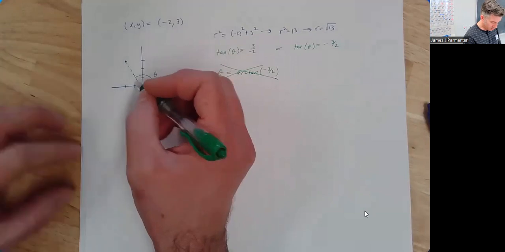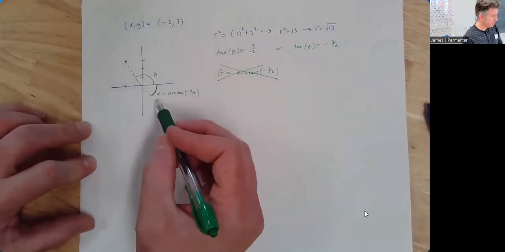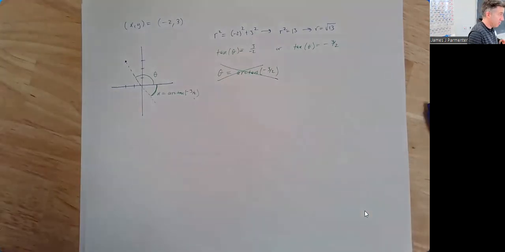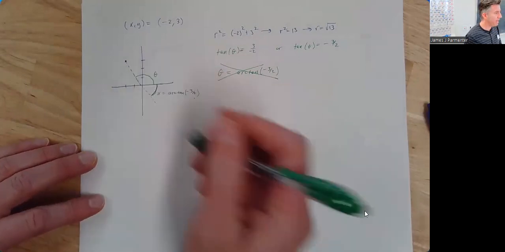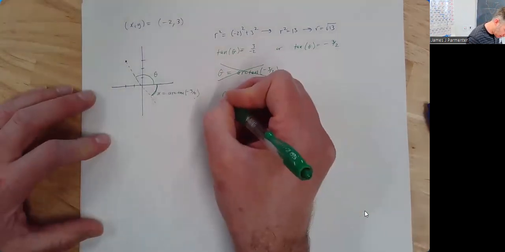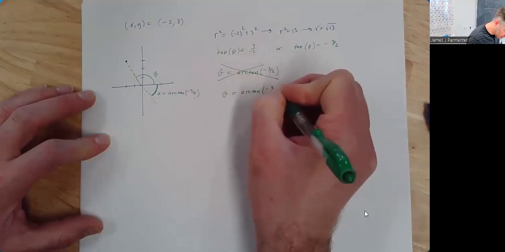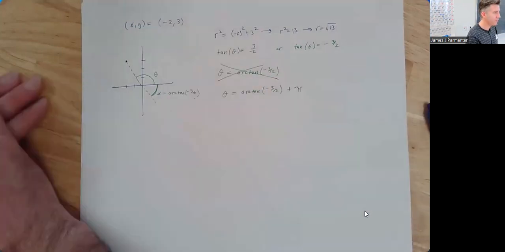So if you wanted this angle here, you would have to take the arctangent of that number, which I don't know what that is. I'd actually have to plug it into a calculator and get something terrible, and then add pi to it. So our actual answer here is that theta is the arctangent of -3/2 plus pi.